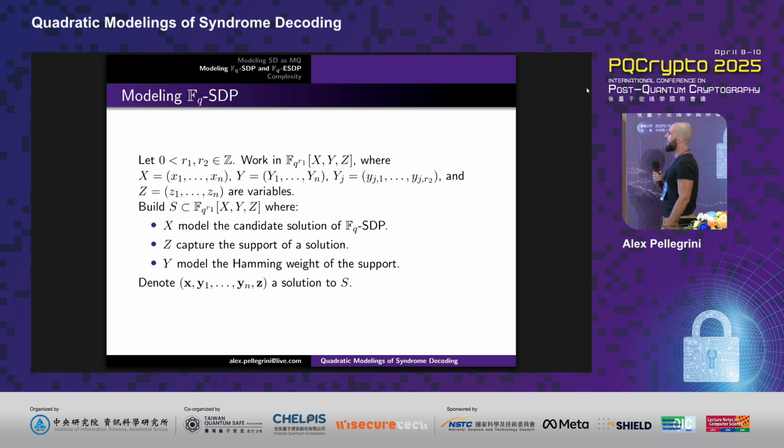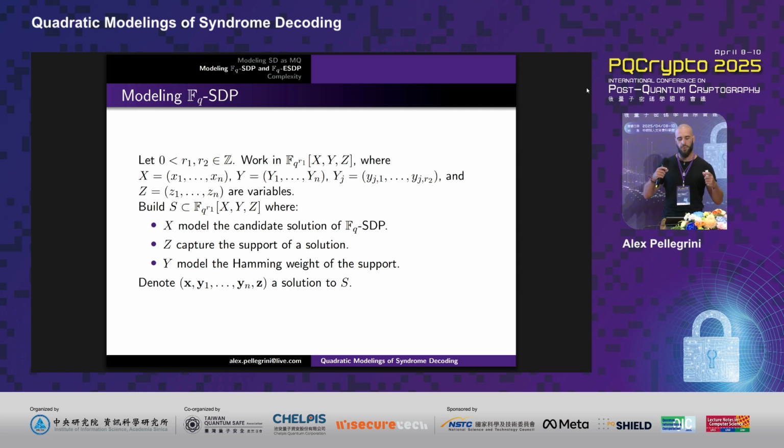Again, we build a system of equations over FQ^R1 in X, Y, and Z, where X models the candidate solution of the syndrome decoding problem, so the solutions of the parity check matrix and the syndrome. Z now captures the support of a solution, somehow.